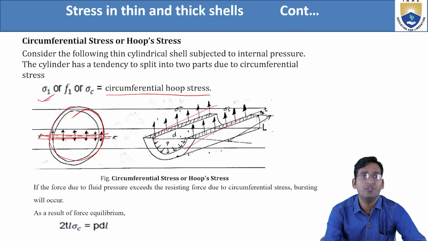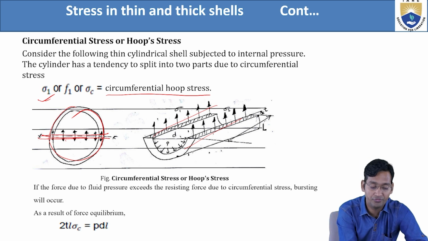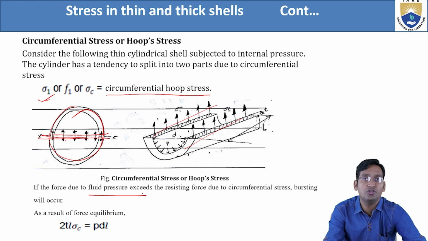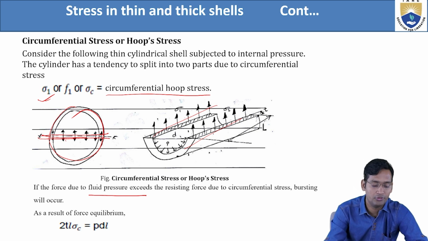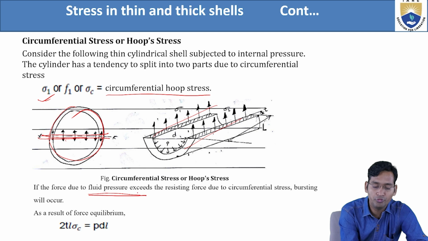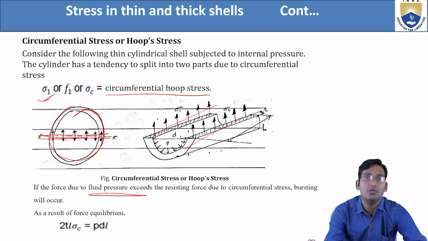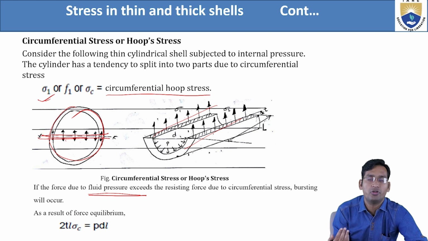If the force due to fluid pressure exceeds the resisting force due to circumferential stress, bursting will occur. That is, if the internal fluid applies pressure on the cylinder that exceeds its holding capacity, it will burst.